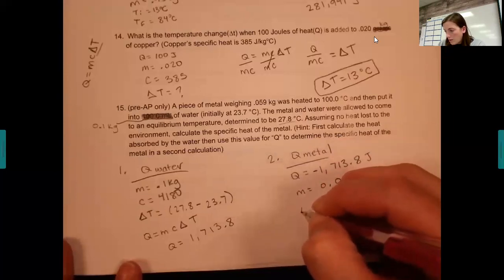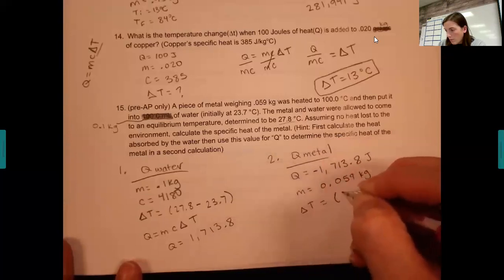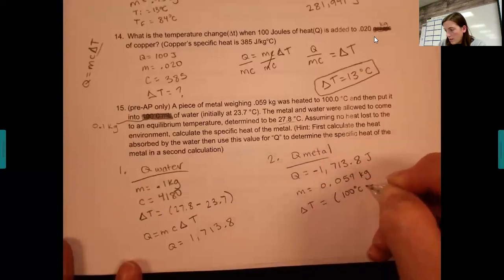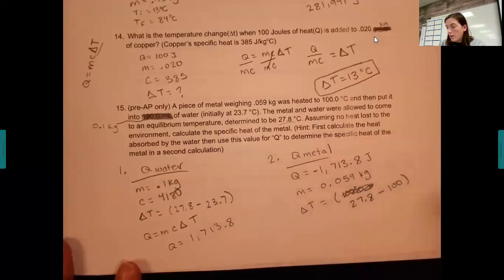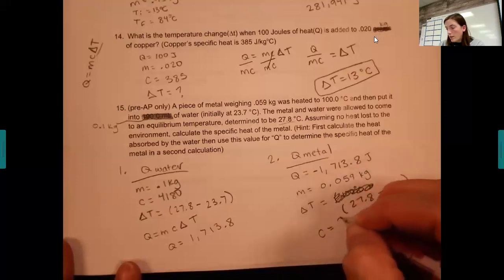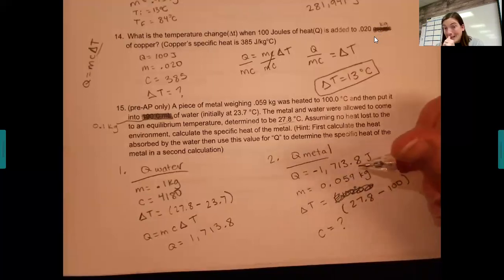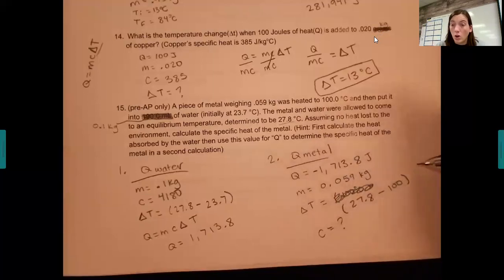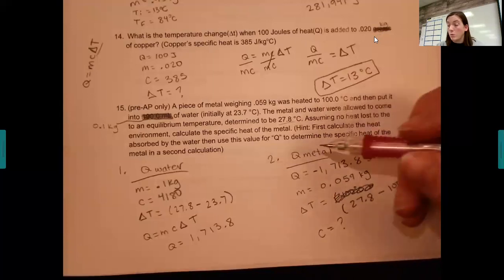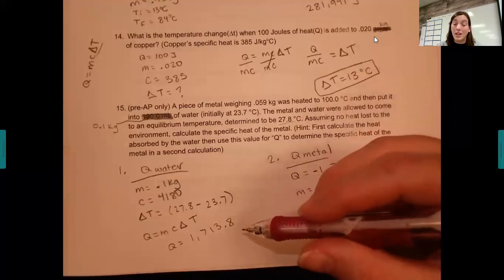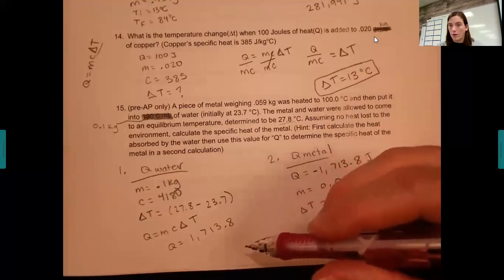We know the change of temperature: sorry, the final was 27.8 and it started at 100. We're looking for C. The reason this is negative is because it's losing heat. It started at 100 degrees Celsius and went down to 27.8, so it's losing heat, which is why it's negative here. The water was gaining heat, so that's why it's positive.